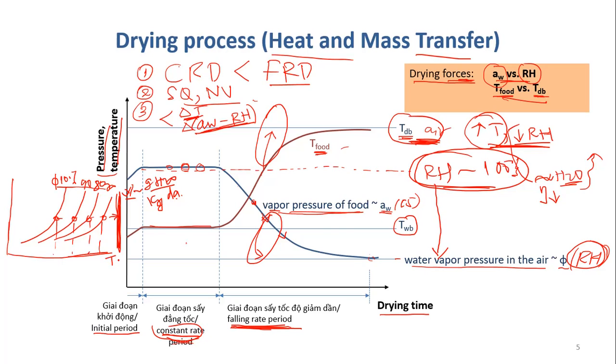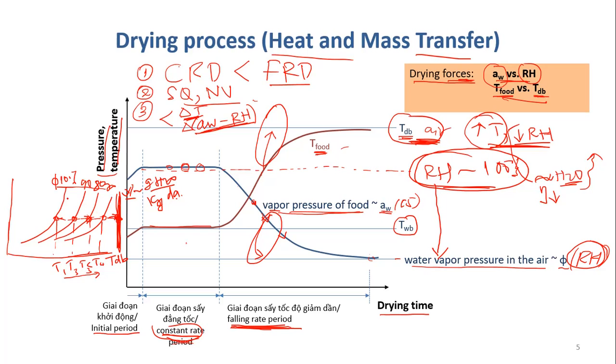This one is the dry bulb temperature of the air. So here you have T4 higher than T3, T2 and T1 here. Okay, so when we increase the temperature of the air, actually we reduce the relative humidity, even though the same amount of water is still present in the air.